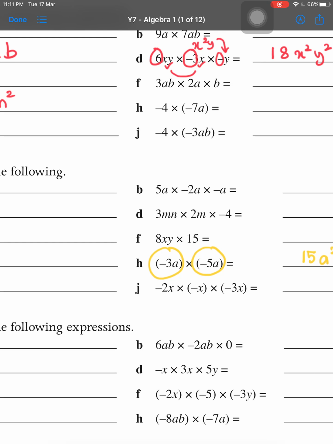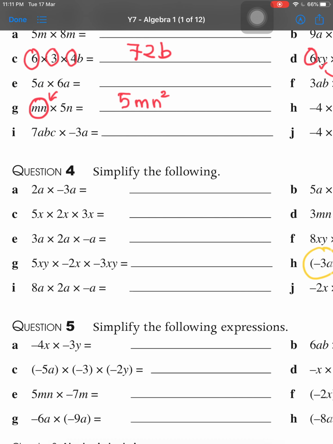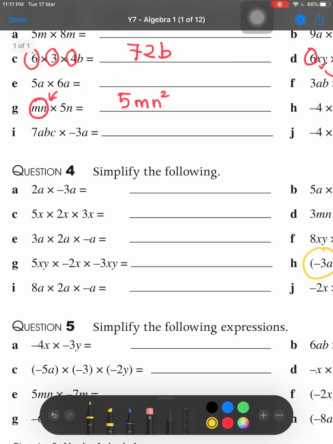This one, for example, the one without brackets. Okay, let's look at question G. You do the multiplication for numbers first, okay? So 5 times negative 2 is negative 20. And negative 20 times negative 3 is positive 60. Now the number part is done. You move on with the letter part.